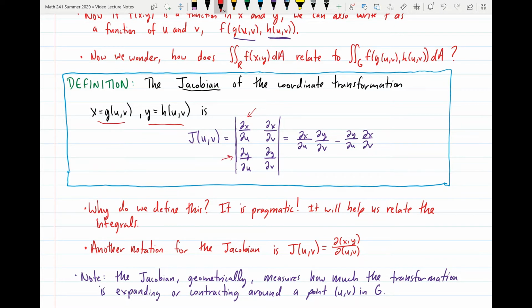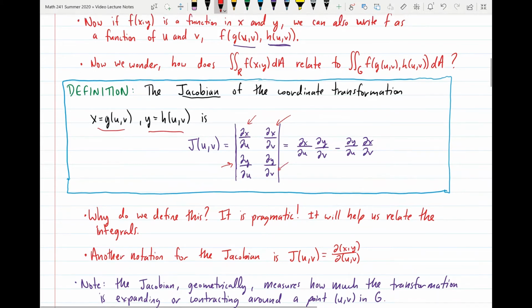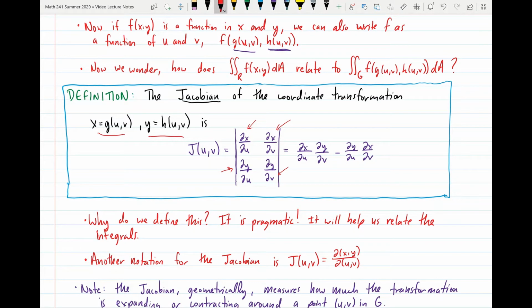This entry is going to be the partial derivative of y with respect to u. Up here we have the partial derivative of x with respect to v and the partial derivative of y with respect to v. So if we wanted to calculate the Jacobian, we're going to evaluate each of these partial derivatives, put them into a 2 by 2 matrix, and take the determinant.